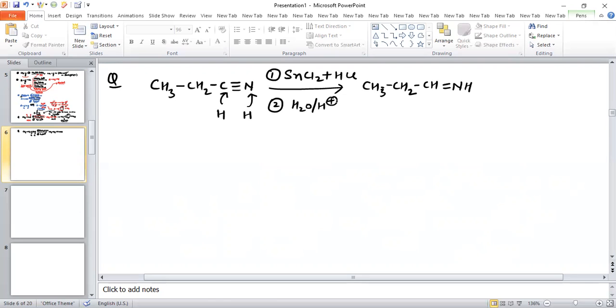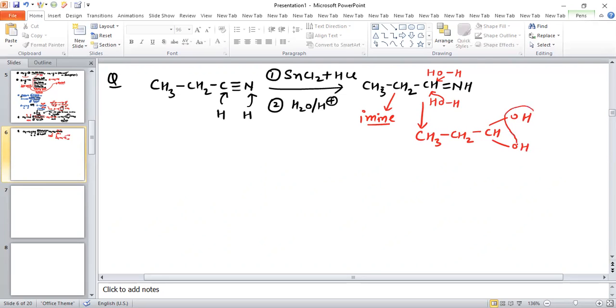Now see what happens. Hydrolysis will take place. In which way will hydrolysis take place? It will be like OH and H, and also OH and H. This compound is an imine. This OH group will attach on carbon and this other group attaches on carbon as well. So this is CH3 CH2 CH, and on this carbon two OH groups are there.